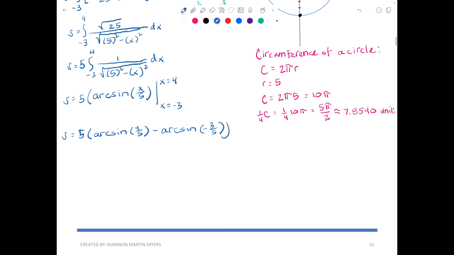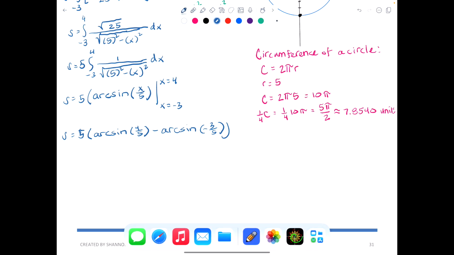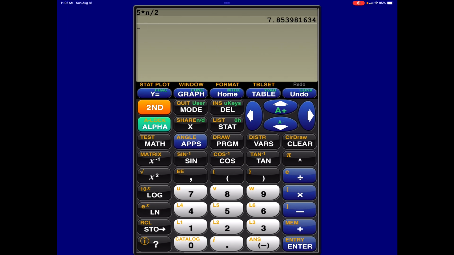And let's go ahead and get an approximation for this so that we can compare it to what we got for 1/4 of the circumference, all right? So here we go. 5 times inverse sine of 4 divided by 5, or you could also just put in 0.8.